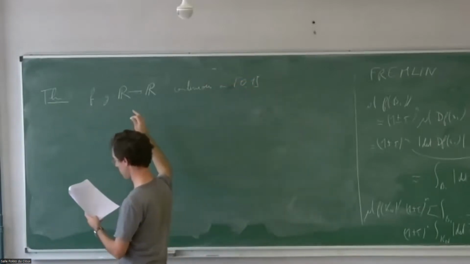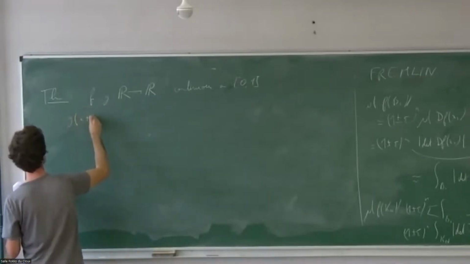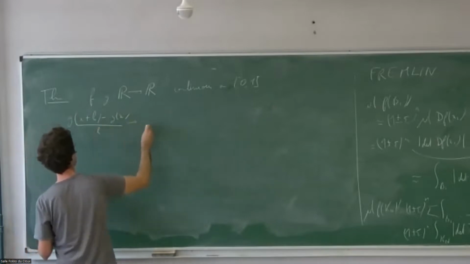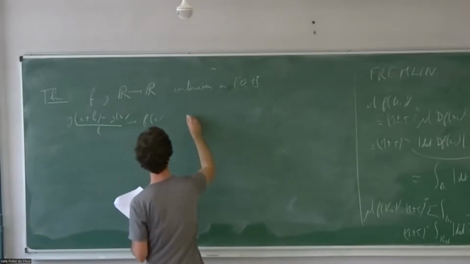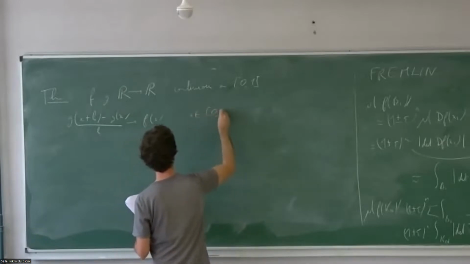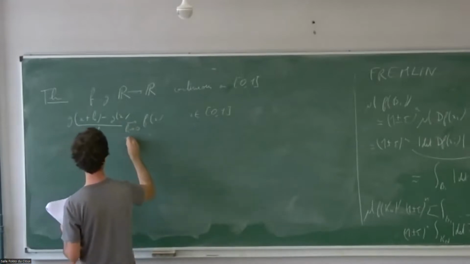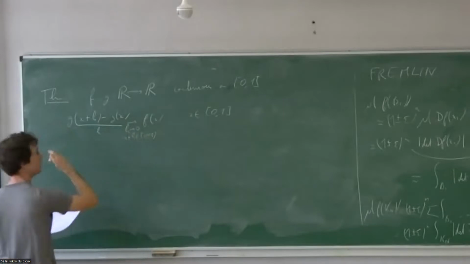And I want to say that f is the derivative of g, so (g(x + h) - g(x))/h tends to f(x) for x in [0, 1], when h tends to 0, and I want x + h in [0, 1]. So f is the derivative of g.